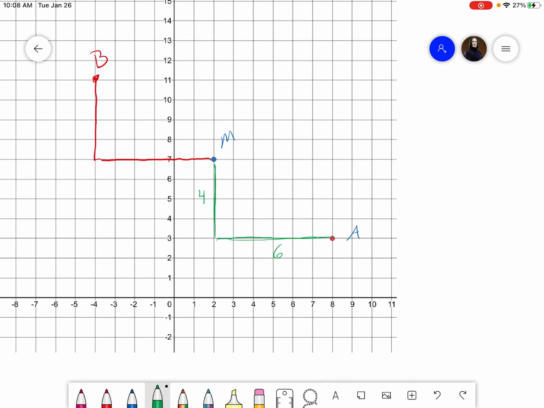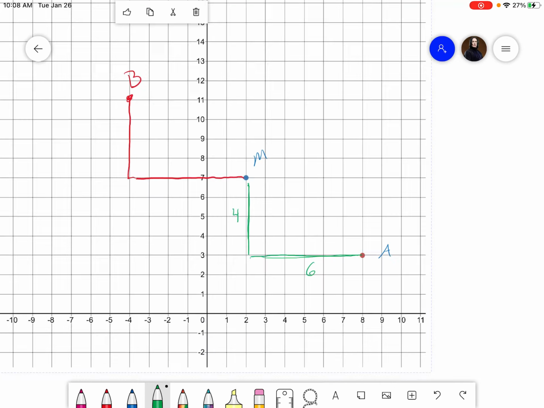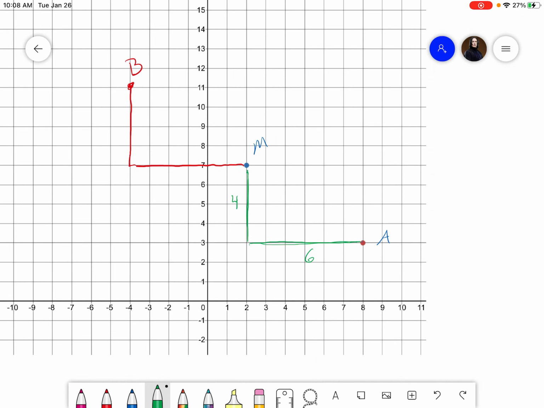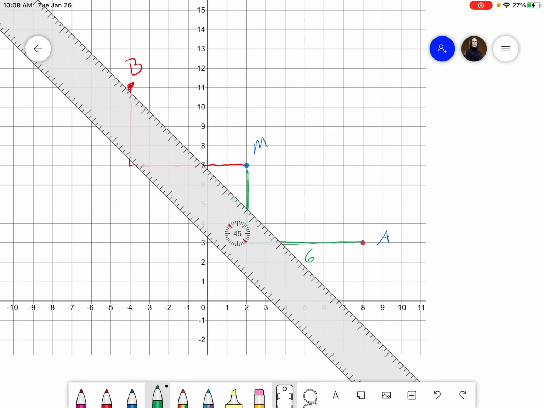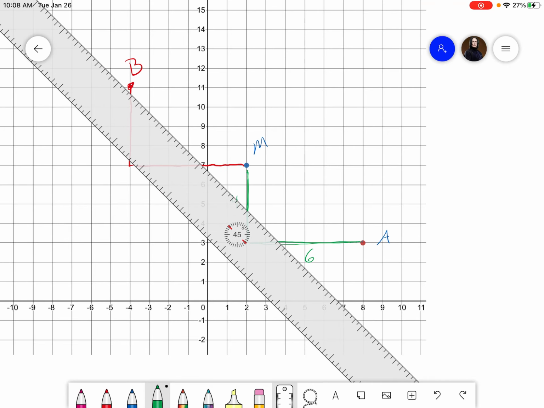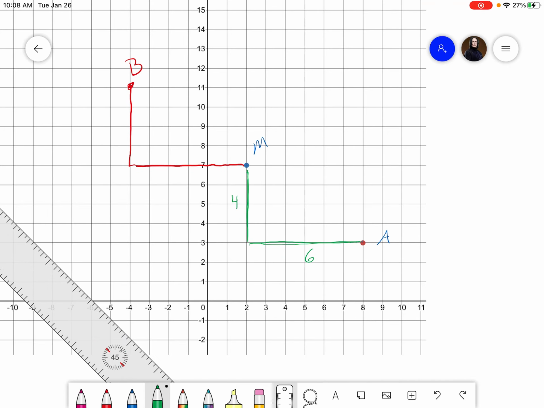What will this finally look like? Well, my B is my endpoint, and it should have the coordinates negative 4, 11. Let me draw my line segment.